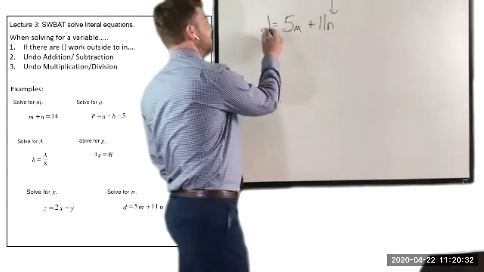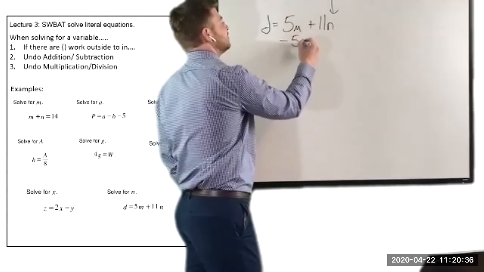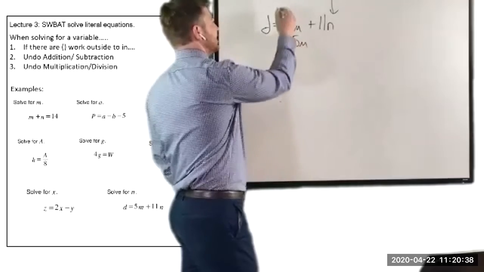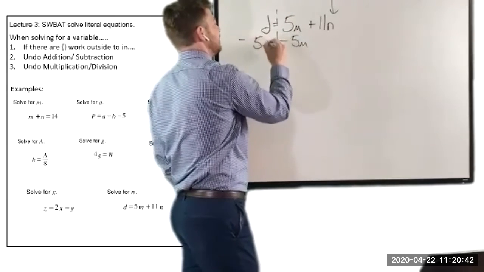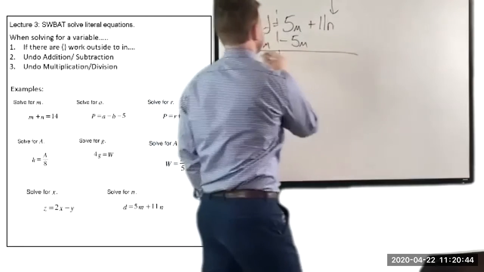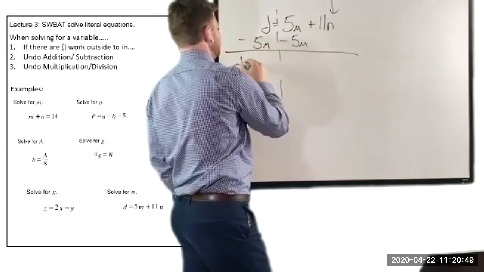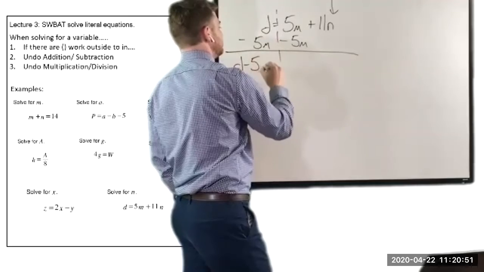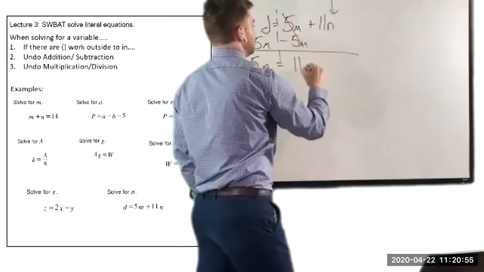We've got this 5m plus the 11n, so we're going to want to subtract 5m here. If we do that on one side, remember, we've got to do it on the other side. That would leave us on this left side, you can't combine a d and an m, so we have d minus 5m equals, and then on this side, we have 11n.